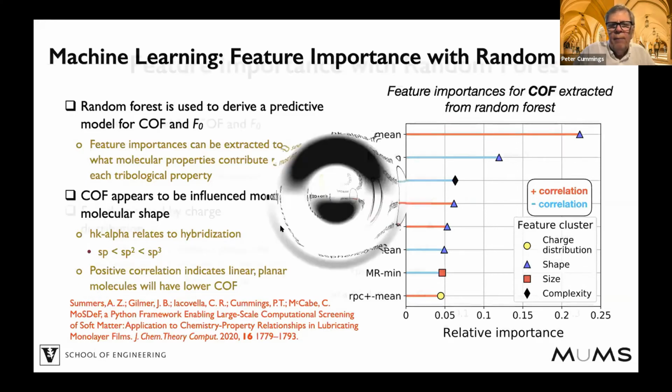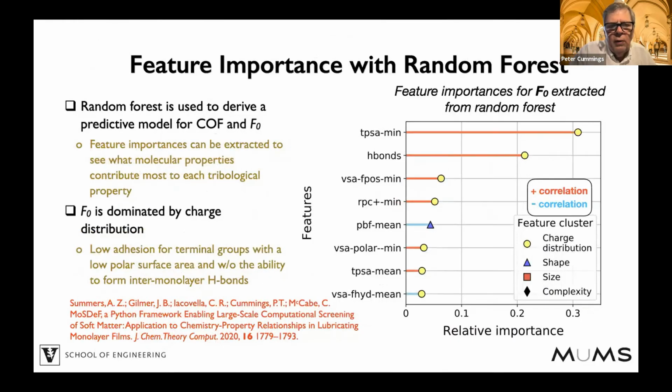was primarily the thesis work of Andrew Summers. And also in the adhesion force, we find that it's dominated by TPSA min, which is a charge distribution, and hydrogen bonds. These are the two major things. And as I said, this makes sense. When the molecules are facing each other, if you've got hydrogen bonding going across between the molecules or polar forces between the molecules, that's giving you a higher adhesion force.